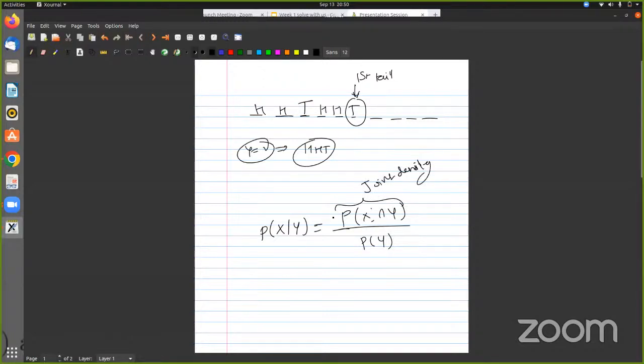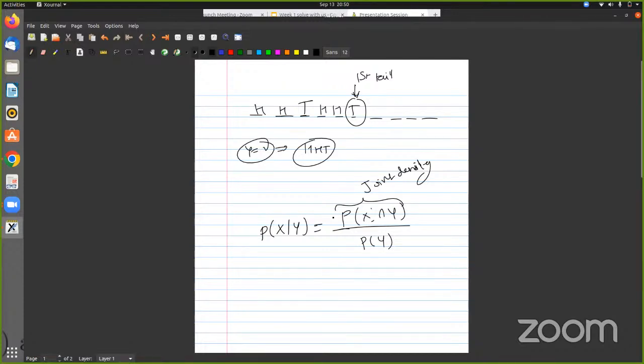That means what is the intersection between the event x and event y? So what is event x here? Number of heads are 4 in 10 tosses. And what is y here? There are 2 heads in the first 3 tosses. So what is the intersection point between these two? Two at first positions.